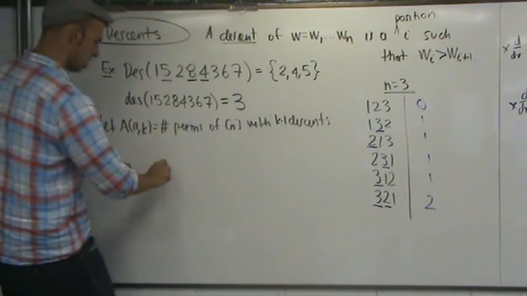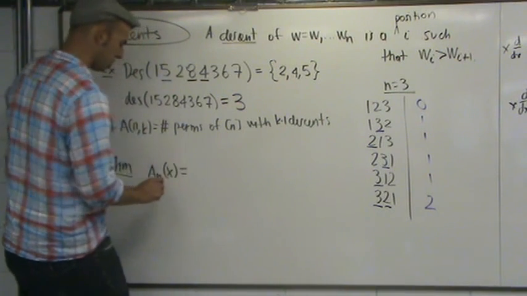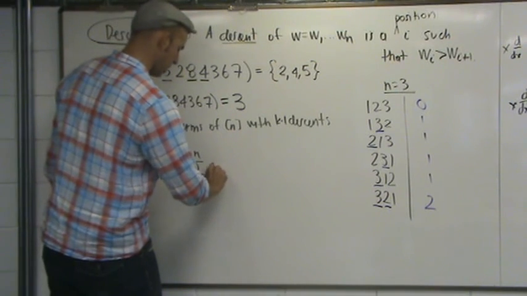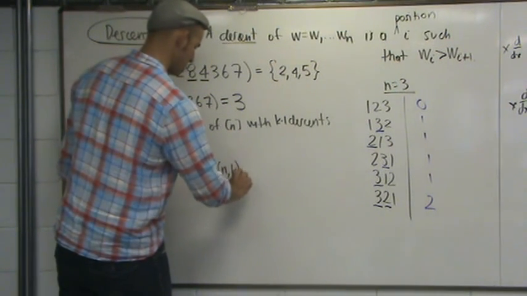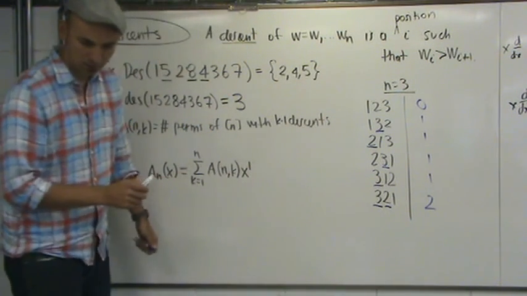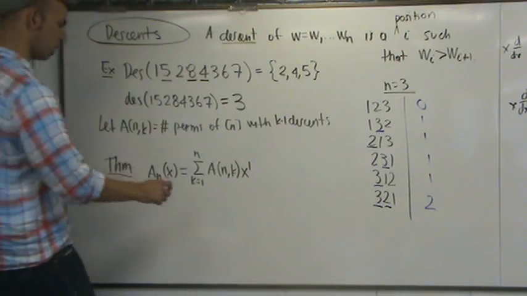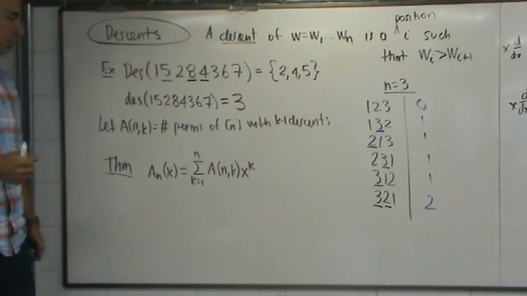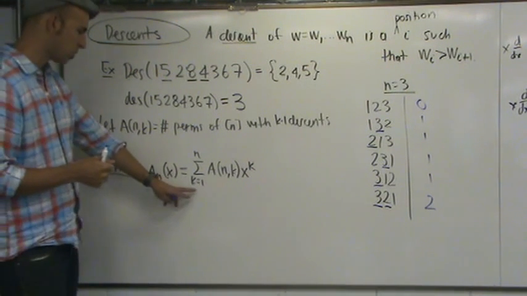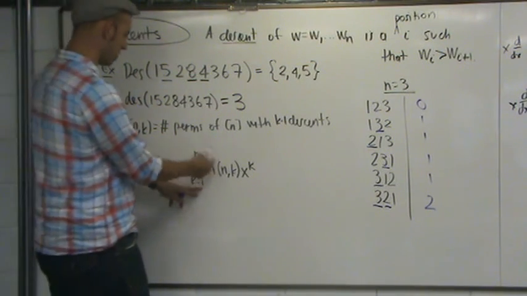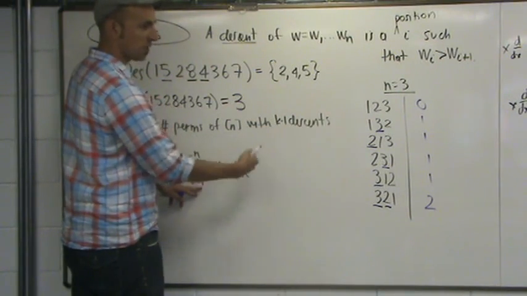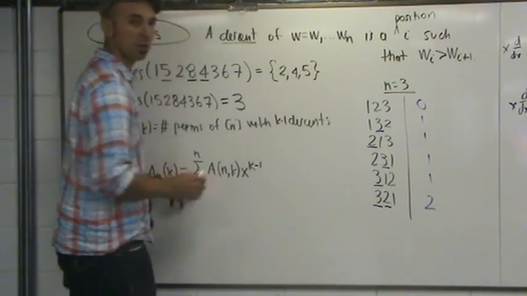And so the theorem is that A_n(x) is the sum from k equals 1 to n of A(n,k) x to the... Okay, maybe. I think I wrote this down incorrectly. Let me write this down and then help me fix it. So is this formula correct? What happens when k is equal to 1? Then I have A(n,1) is the number of permutations with 0 descents. And I want it to be x to the 0, so I guess I should put x to the k minus 1.